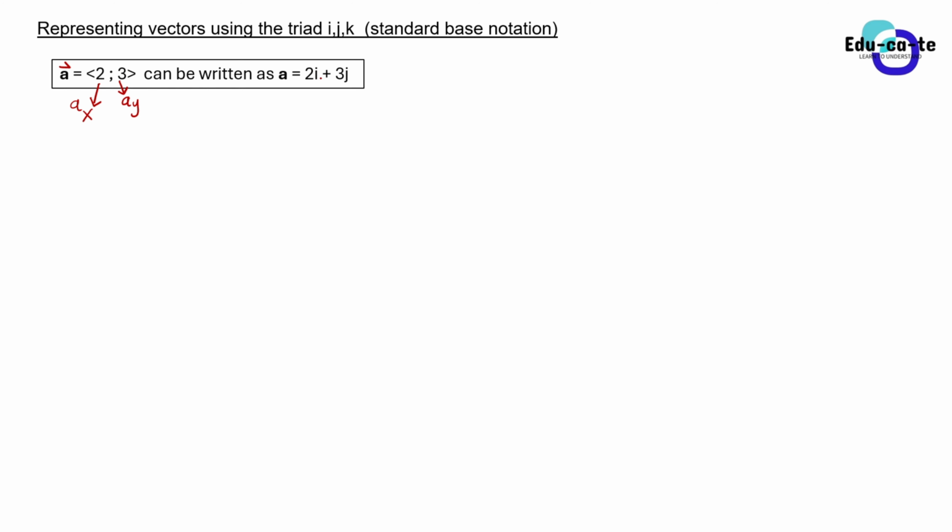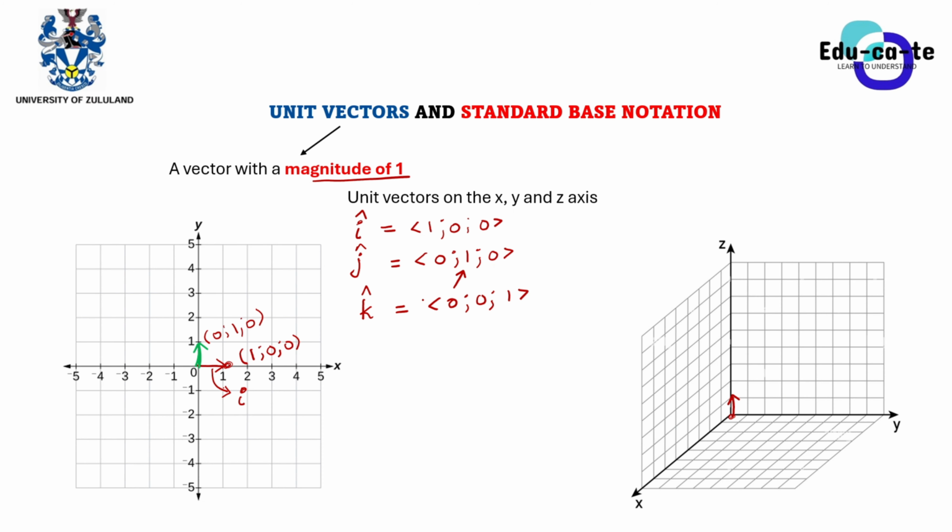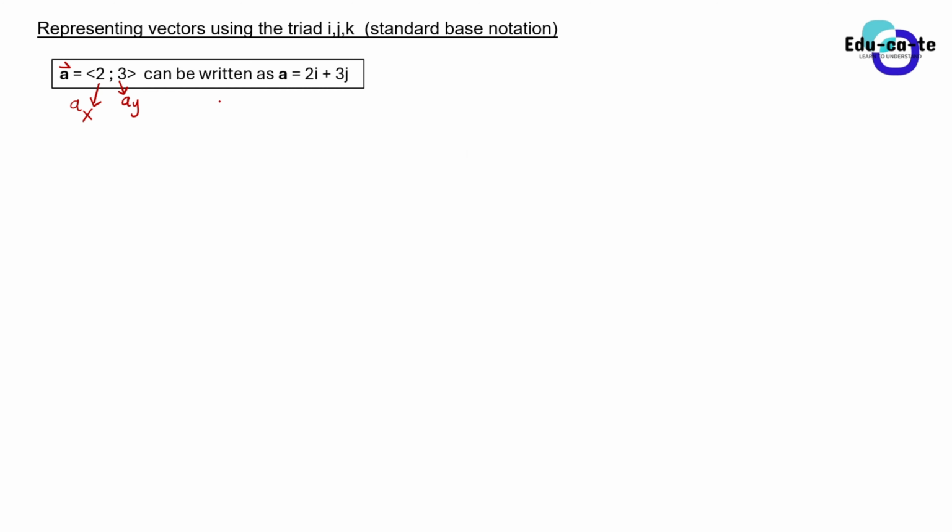Now we can write it in another notation known as the standard base notation, whereby we make use of these standard unit vectors, ijk. For the components moving along the x-axis, you use unit vector i. Your x component for A is 2, so you write 2 here and you write i.